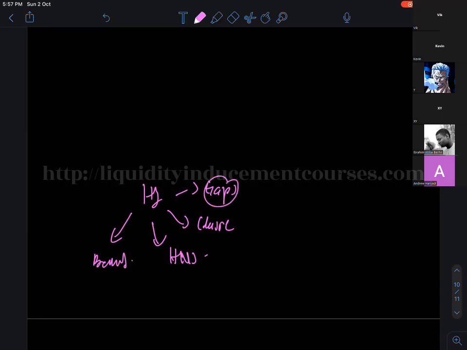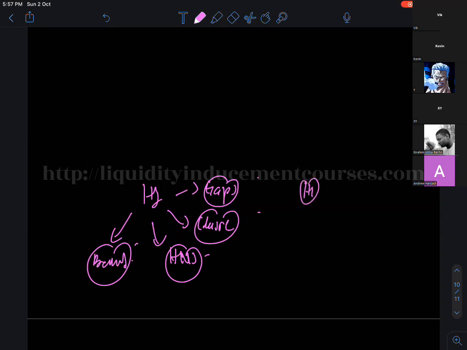Okay, gap must have wick candle. Classic must have miss. HNS is always the strongest if it comes after the reversal. Then breakout almost must have missed before or after or both, even better.